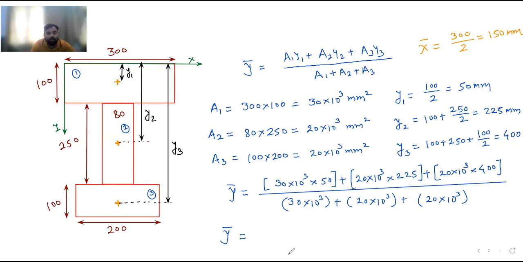So the value of y bar is 200 mm. From where? From the top. It is very important. From the top, it is 200 mm, because our reference x-axis is at the top. We have considered all the distances from the top. That is why the value of y bar, 200 mm, which we have calculated, must also be from the top.